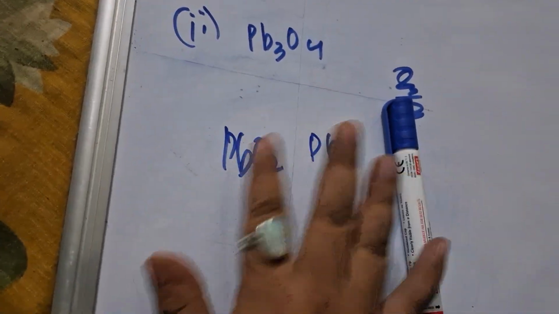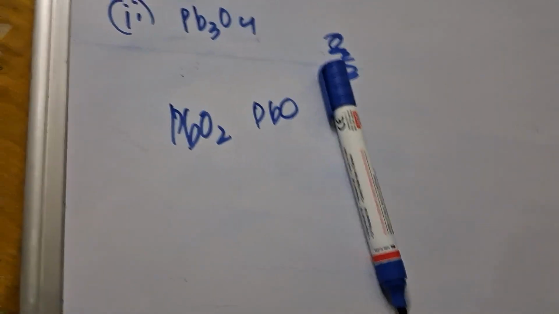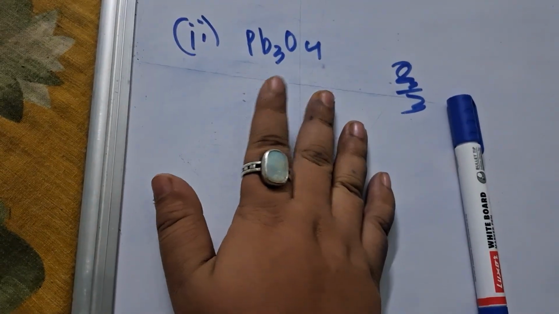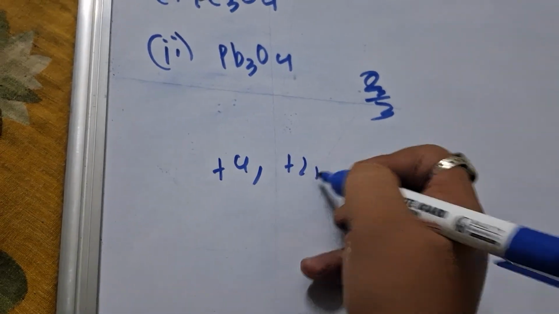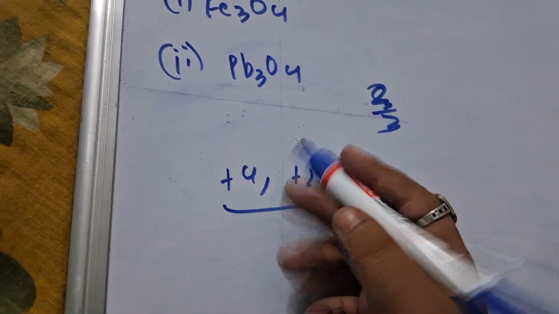Give me 1 second. 2 PbO? I'm forgetting. I know this though: +4, +2, +2. This is the arrangement. I don't know how it's made.